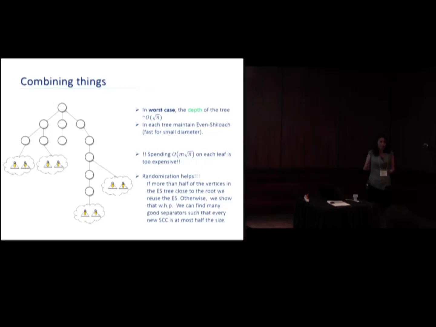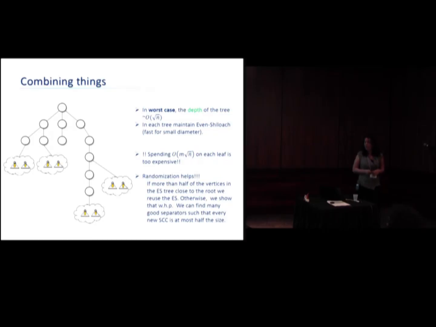what we show is the following. If most of the nodes are still close to the root of the Even and Shiloh, then we can just continue reusing that Even and Shiloh, and I didn't waste anything. Otherwise, if most of the nodes are far away from the root, we can show that because this node was picked at random, then what happened to that node should have happened in expectation to half of the other nodes.